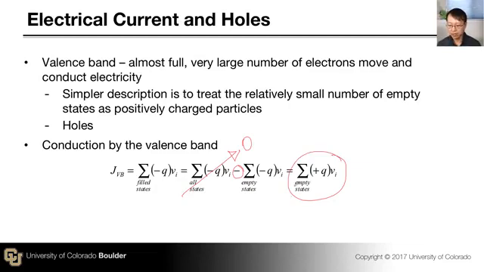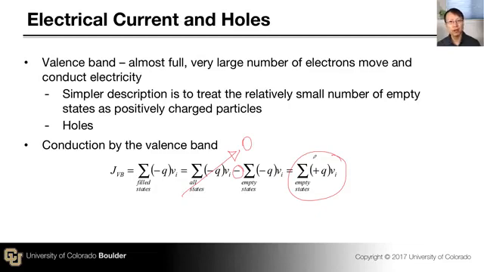Now it is summed over empty states, so there is no real particle. We're just summing over empty states, electronic states that are not occupied by electrons. However, the current behavior due to this is very similar, mathematically identical, to the current density induced by a positive charge carrier.